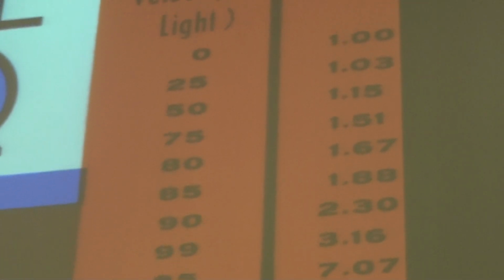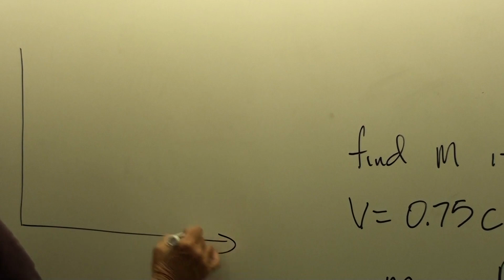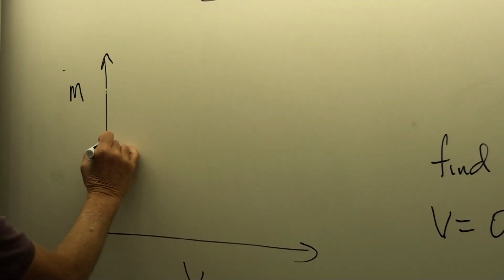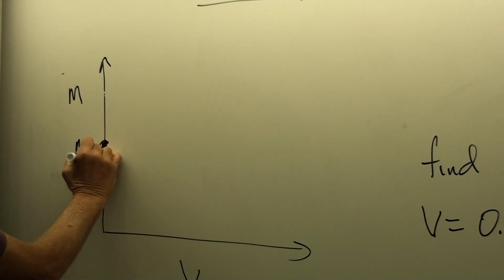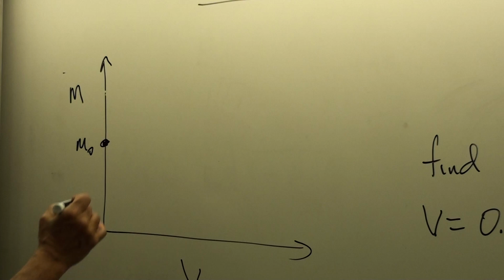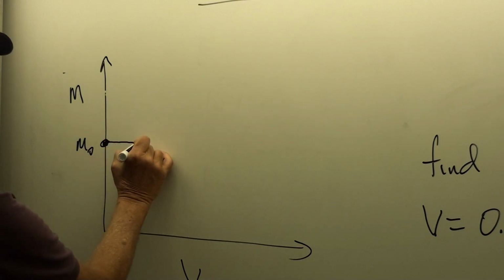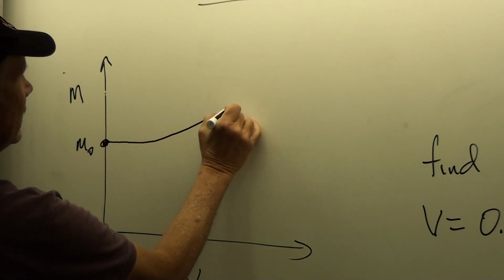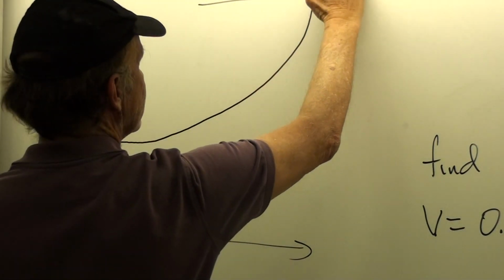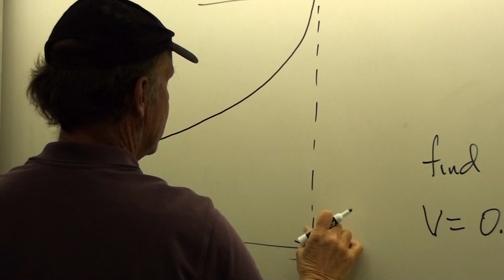If we wanted to plot this up, we have kind of an interesting plot of mass versus velocity. It starts out at m naught. Okay, because when the velocity is 0, m equals m naught. And then it moves along fairly horizontally and then doesn't really get rolling until higher values for the velocity that approach the speed of light.